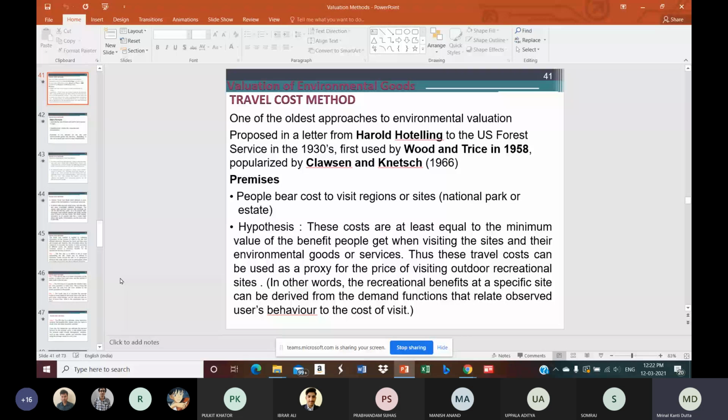In fact, this was started by Harold Hotelling in 1930, but practically it was in a letter which was written to the U.S. Forest Service in the 1930s. Later on, it was used by people like Wood and Price in 1958. Of course, it was more popularized by two other people, Clawson and Knetsch, in 1966.